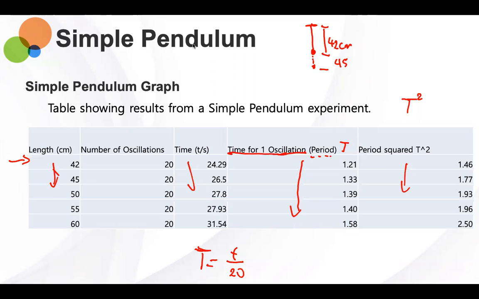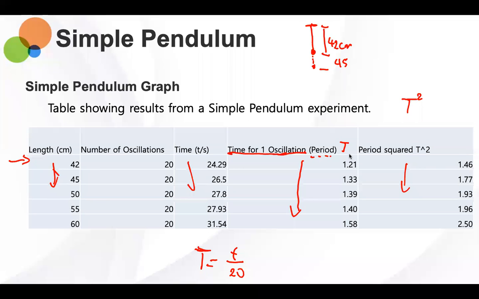Go ahead, Miss Kitchener. Sir, I got 1.331 when I multiplied 1.21 times itself. Let me just double check that. Multiply 1.21 by itself.